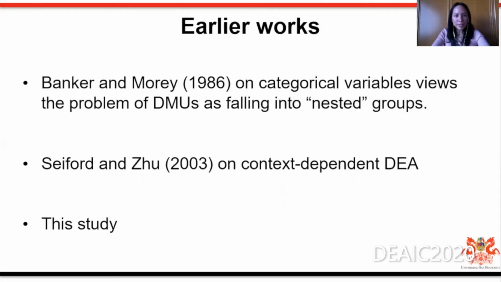In our current setting, however, we wish to create an environment where all the DMUs are evaluated against one another as a single group. In the study of Seiford and Zhu, it is demonstrated that one can obtain multiple frontiers against which to evaluate the DMUs.